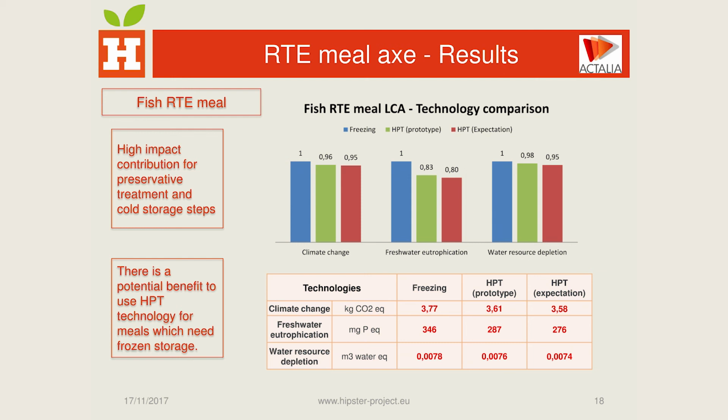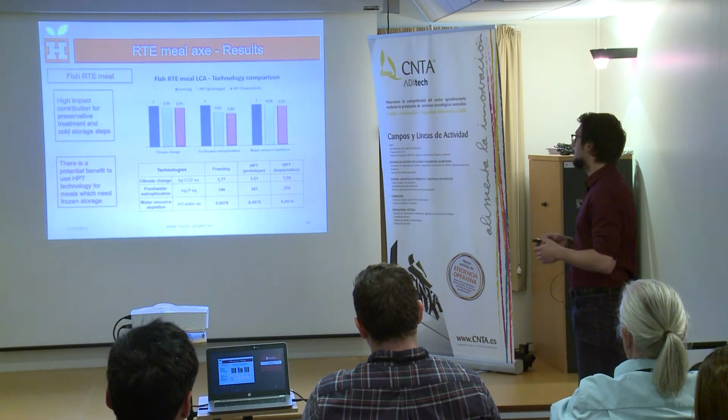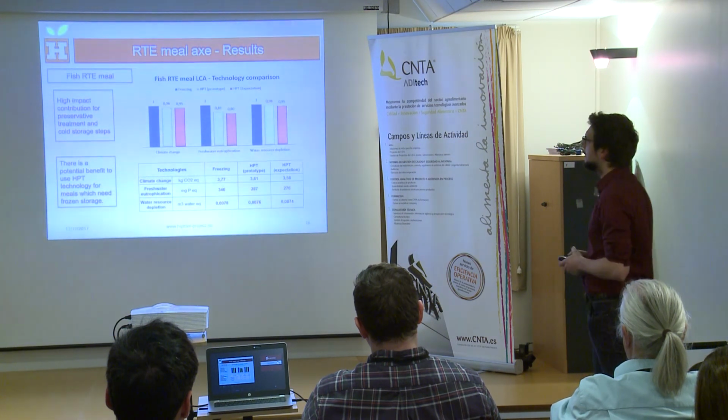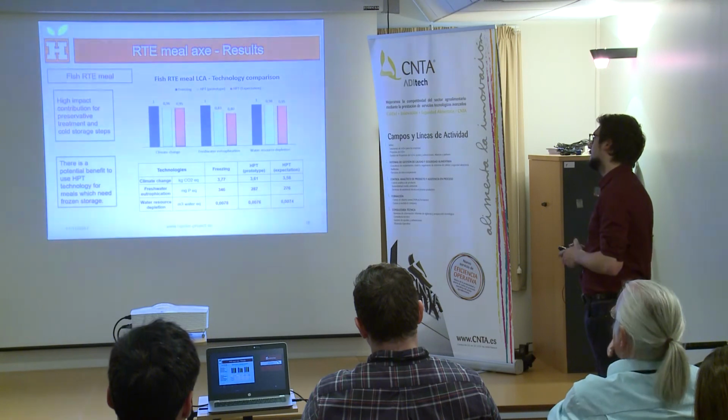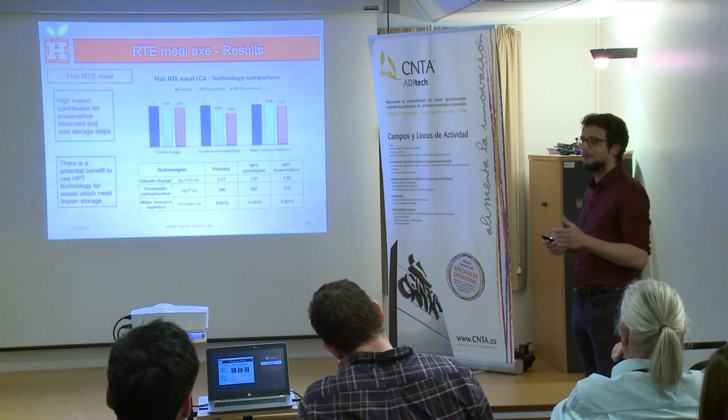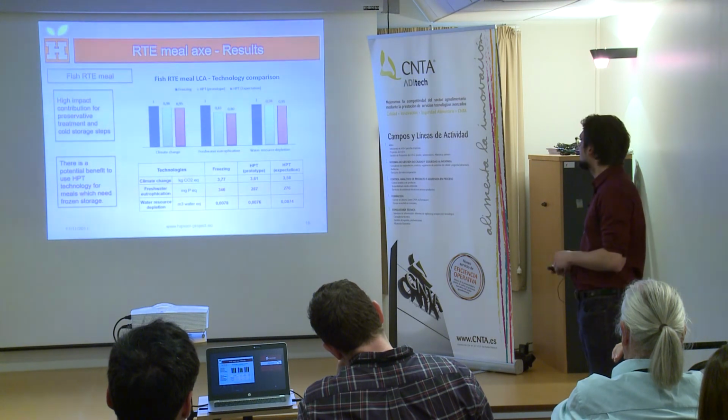Because for the preservative treatment, as we have seen in the process hacks, there is a higher impact from the HPT technology, but it's compensated by the lower impact that we can get with a chilled storage. So the main conclusion here is, for this case study, there is a potential benefit to using HPT technology for meals when they need to be frozen to be stored, at a frozen storage.